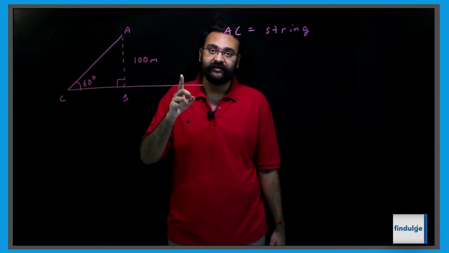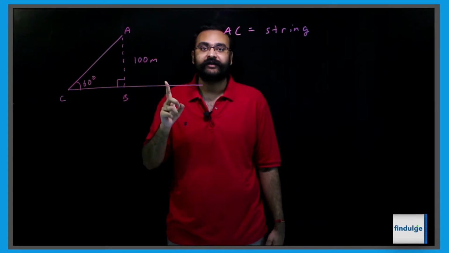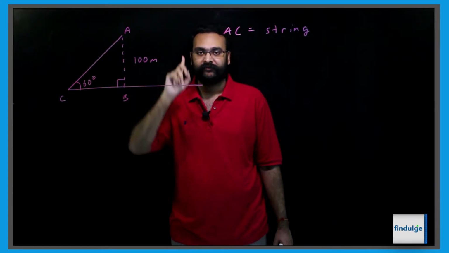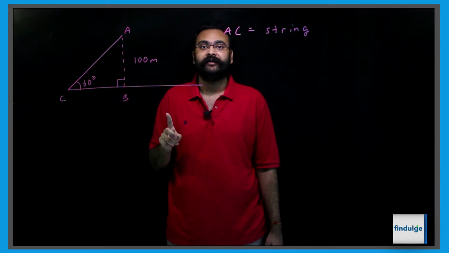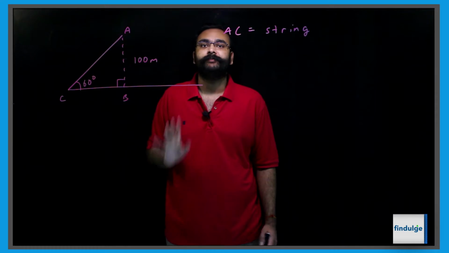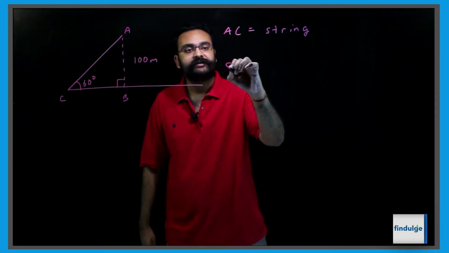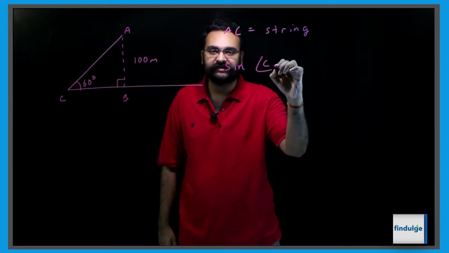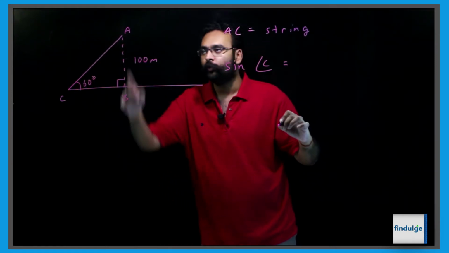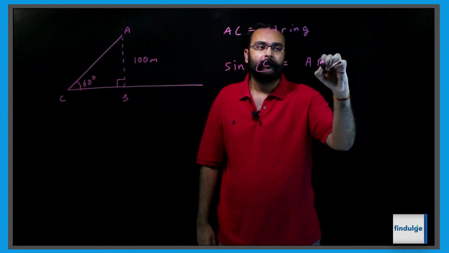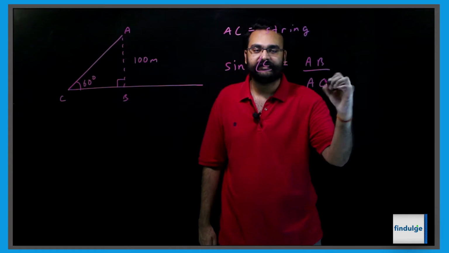So the sine function is the one that relates perpendicular to hypotenuse. If you remember, sine theta is perpendicular upon hypotenuse. So in this particular case, sine of angle C will be equal to AB upon AC.